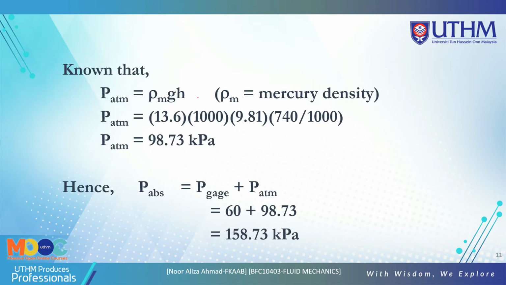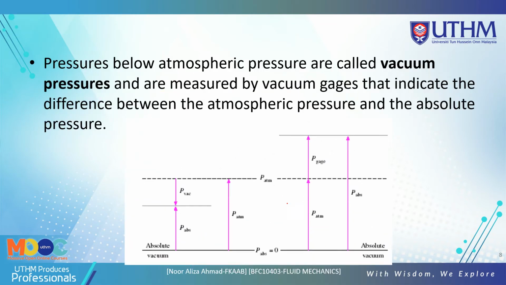So now look here. This is the equation to get the P absolute based on P gauge and P atmosphere, based on this figure.